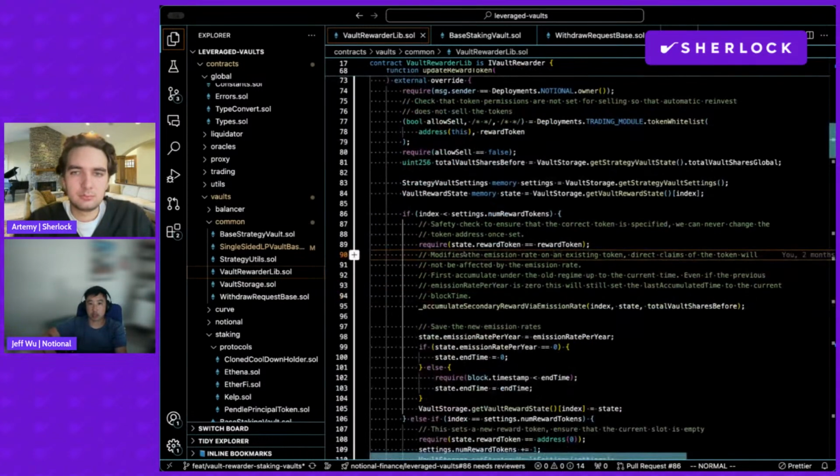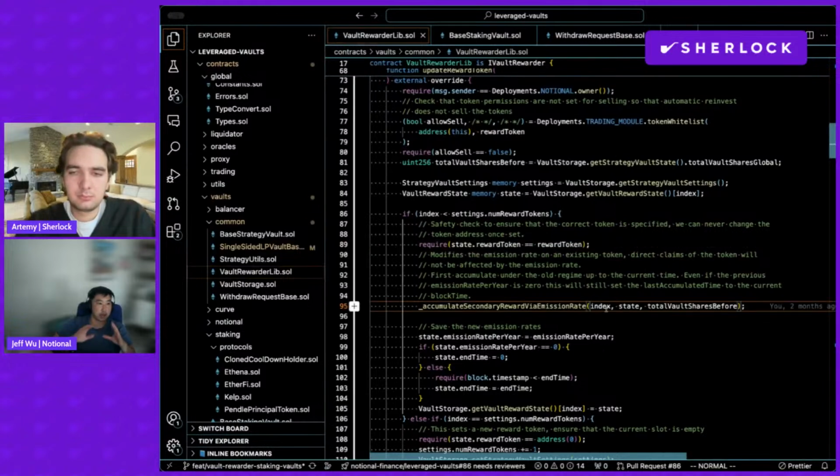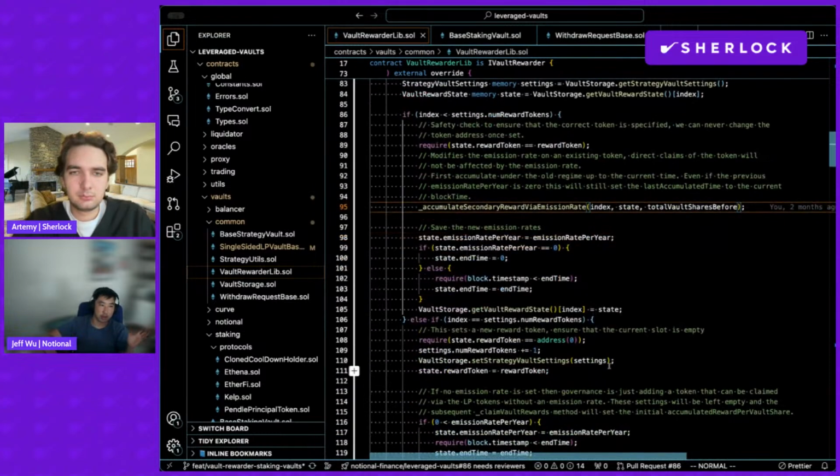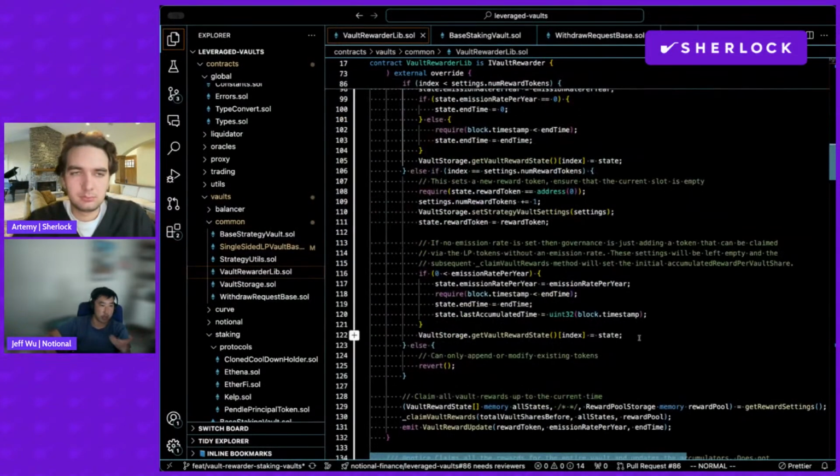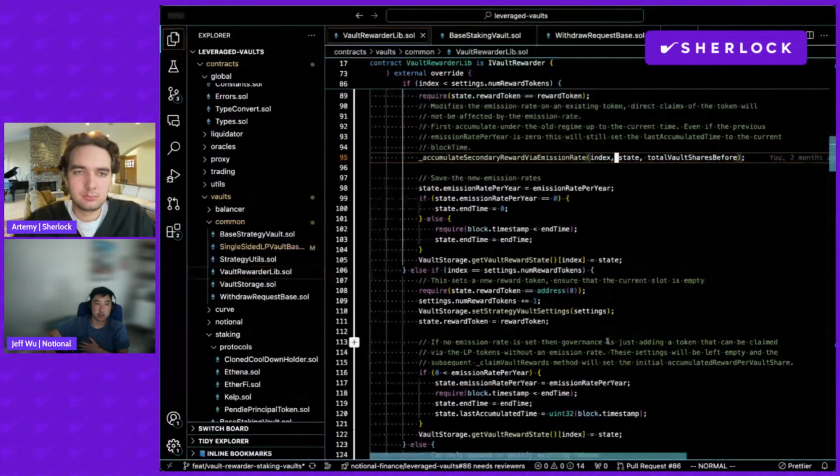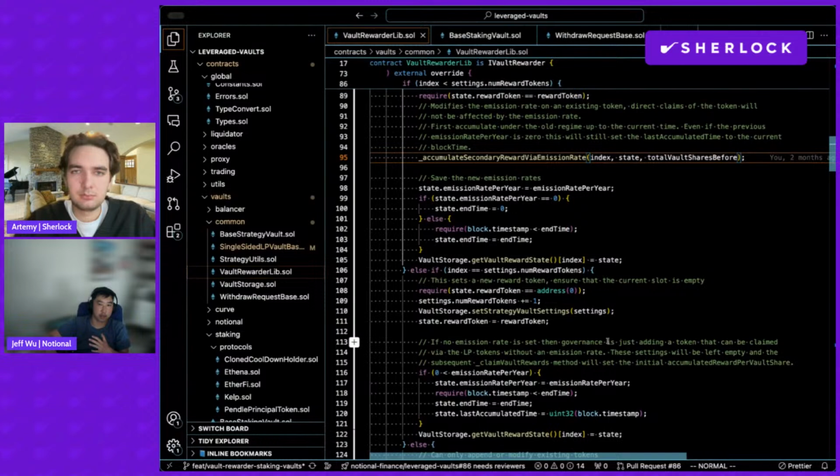We're doing some checks here, double checking that we're not changing the reward token or something like that. Again, if this were open to anyone, weird stuff could happen, but this is the governance function. So generally we're just checking that we didn't make any weird mistakes when calling this function.